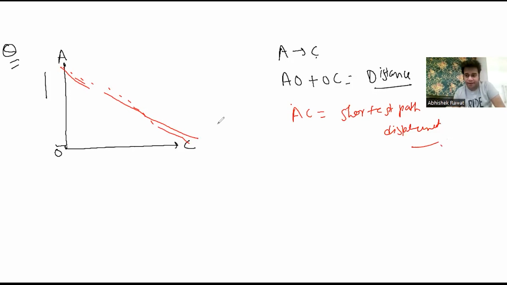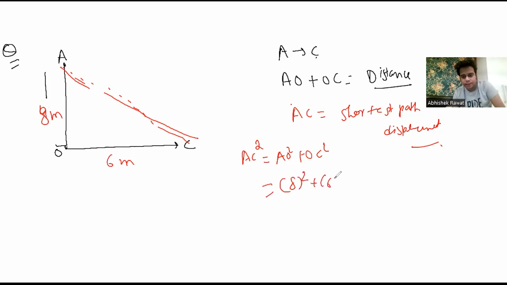You can verify this by taking some values. Say this is 8 meter and this is 6 meter. What will be AC? AC can be calculated using Pythagoras: AO square plus OC square, which is 8 square plus 6 square, which gives root 100, so 10 meter.